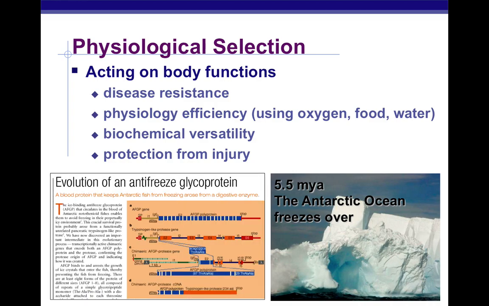An example of this was a fish that developed a blood protein that prevented ice crystals from forming, therefore preventing the whole thing from freezing over. Pretty cool, its own natural antifreeze.